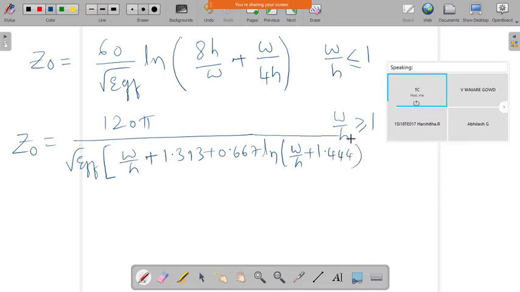So this is what we need to use to calculate the characteristic impedance whenever the w by h ratio is greater than or equal to 1.